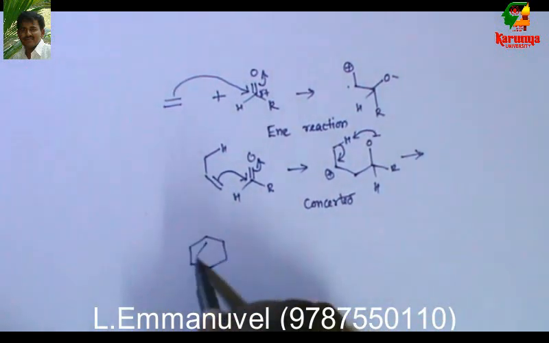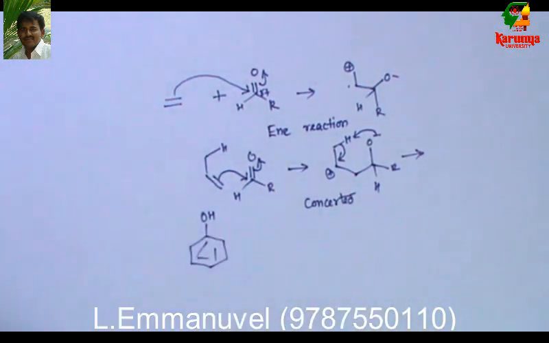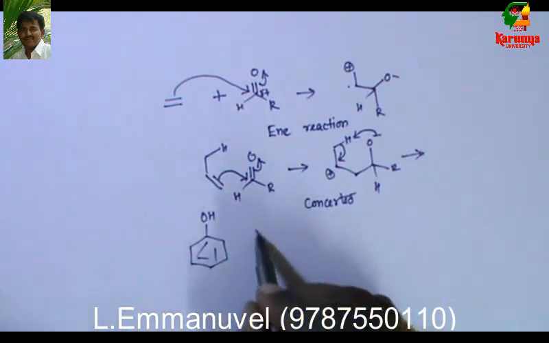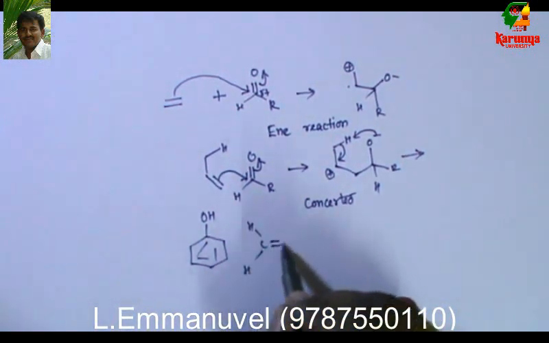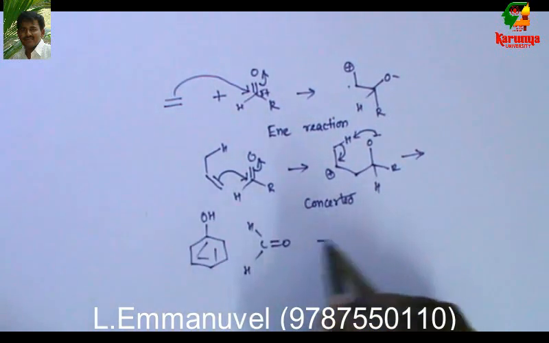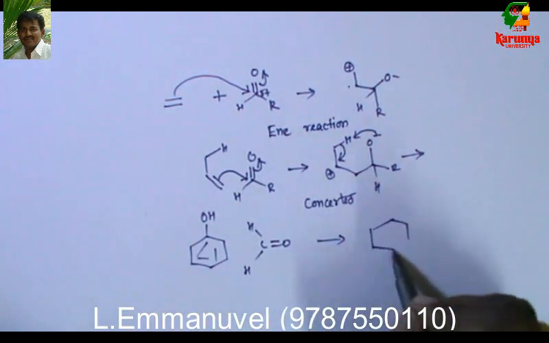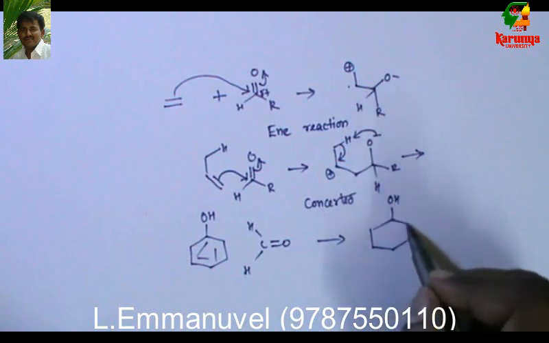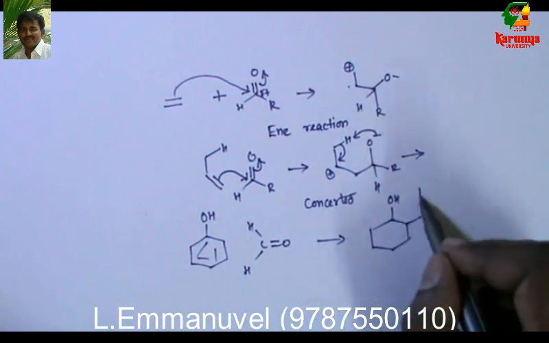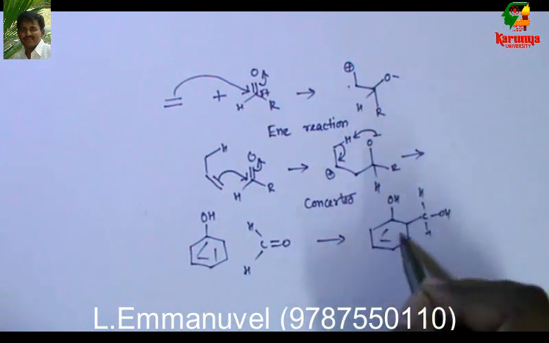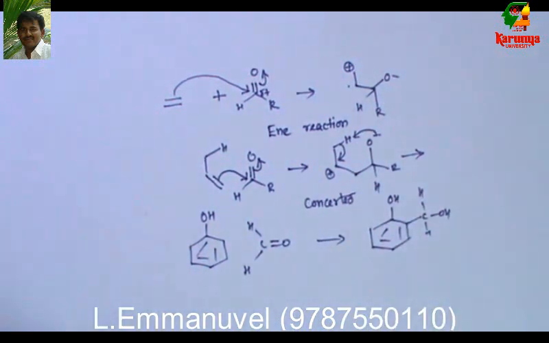Even an aromatic ring like phenol, which has more electron density compared to benzene, can attack formaldehyde. So what we get is hydroxymethylation.